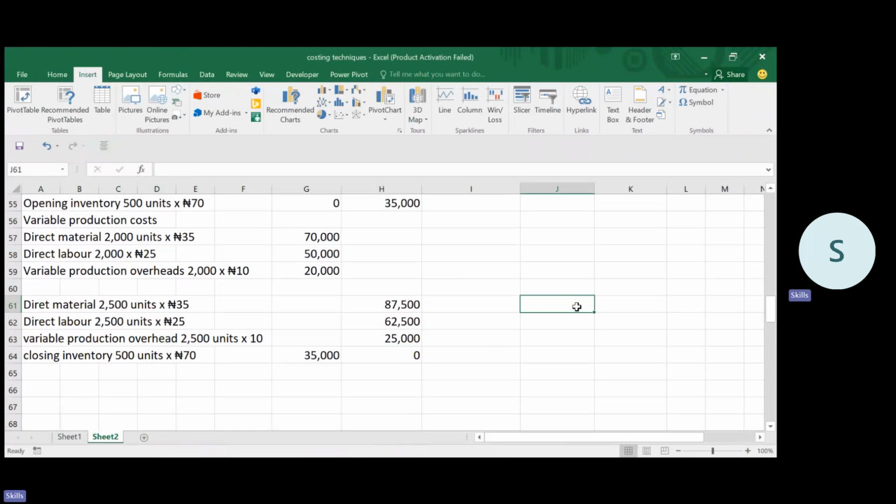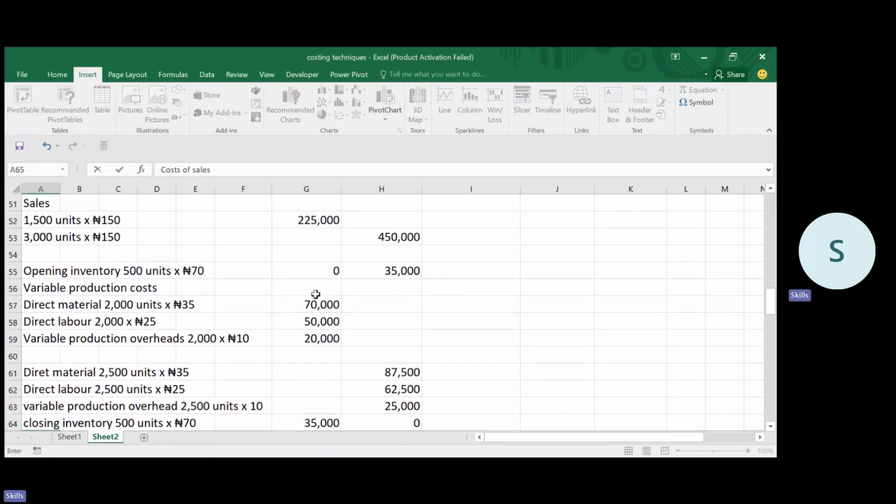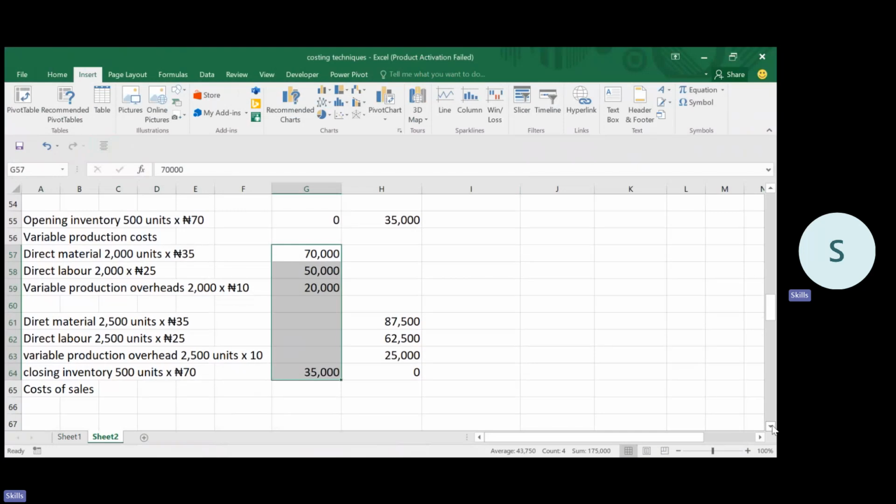So now to determine our cost of sales, it will be the sum of these costs.